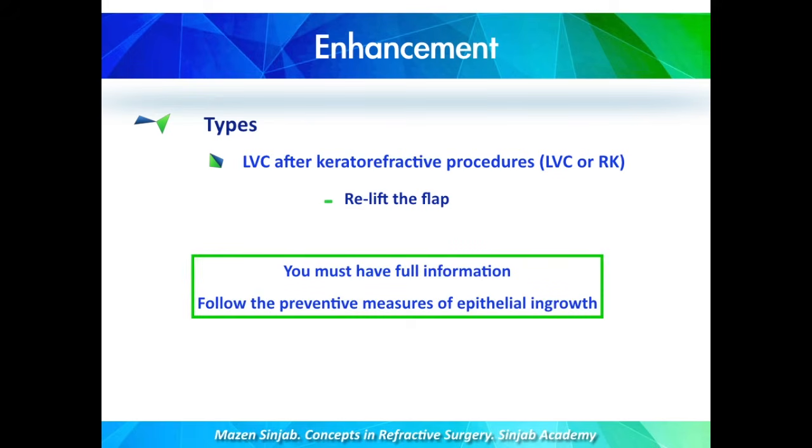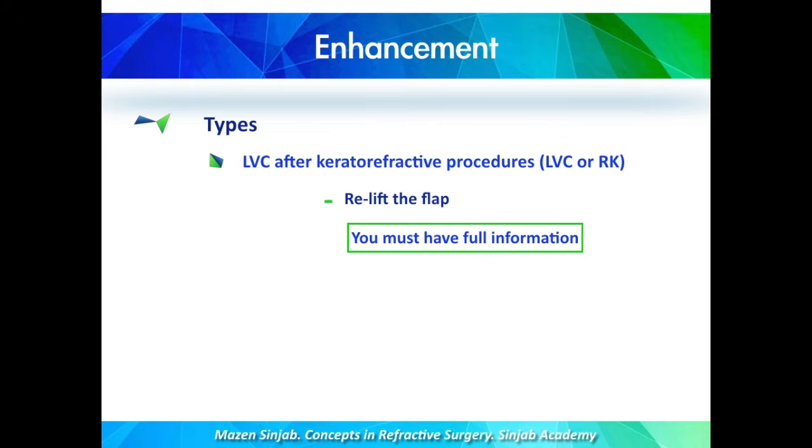But if we want to relift the flap, we must have full information about the previous flap, and we have to follow the preventive measures of epithelial ingrowth. First, you must have full information.